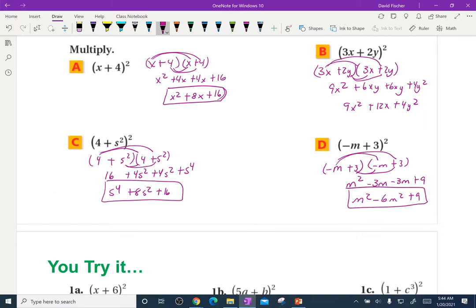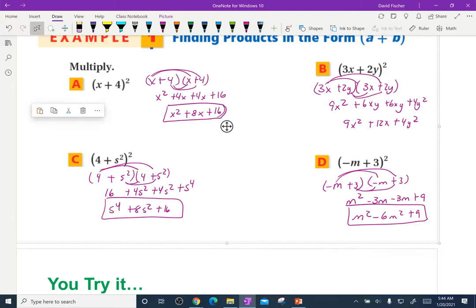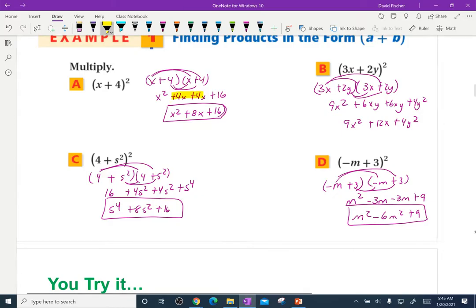Okay, so let's look for some patterns here. Any patterns that you notice with the 4? Some kids would say, well, I notice that whenever I multiply these two numbers that are the same, I have matching numbers in the middle. I have 2 of them. That's true.